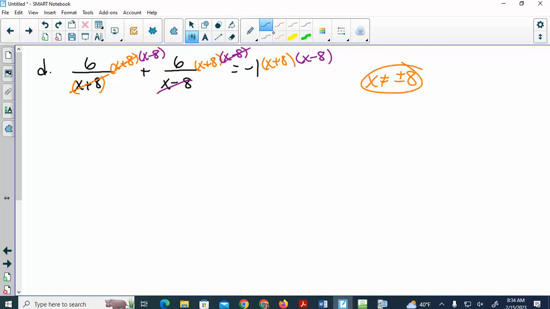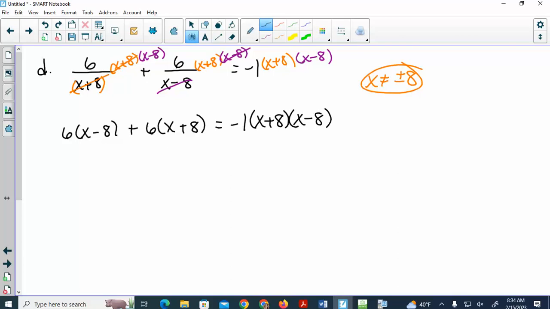Those are gone. So we're left with 6 times the x minus 8, plus 6 times the x plus 8, and negative 1 times both of them. If we distribute, 6x minus 48 plus 6x plus 48.